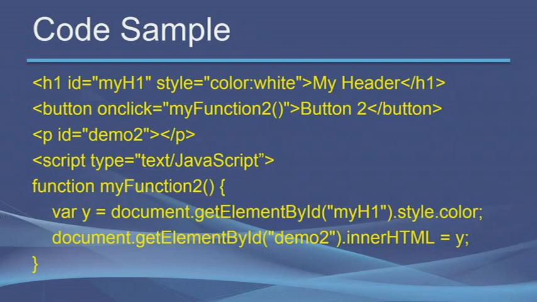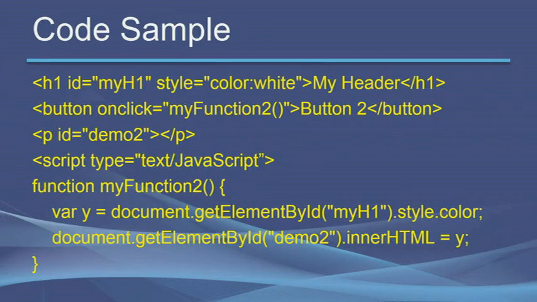So the header 1, which is given the color white, if you look at header 1 ID myH1 style color equals white, is going to be allocated to the variable y. So when you define document.getElementById demo 2 innerHTML equals y, y already has the value white because that is a particular color. It doesn't have an inner HTML, it has a white color value, a string value allocated.